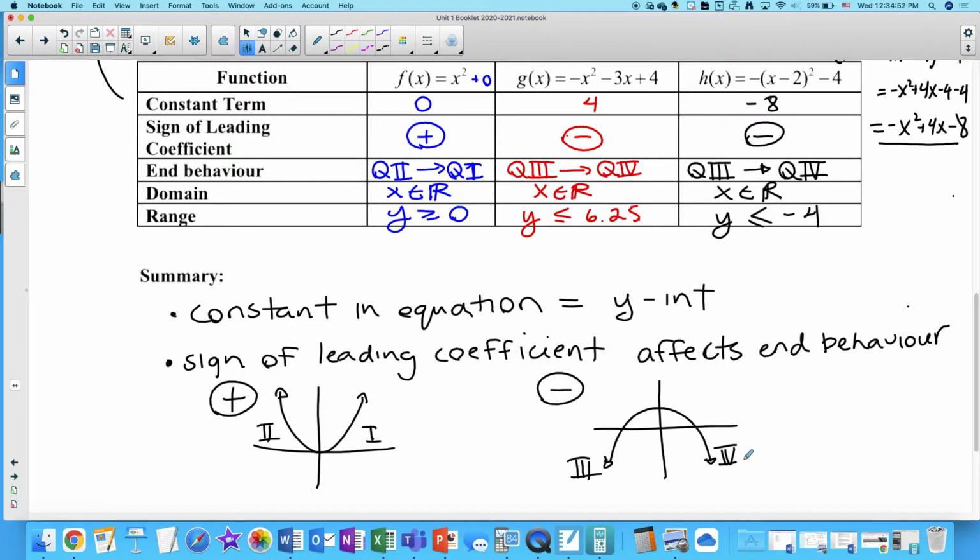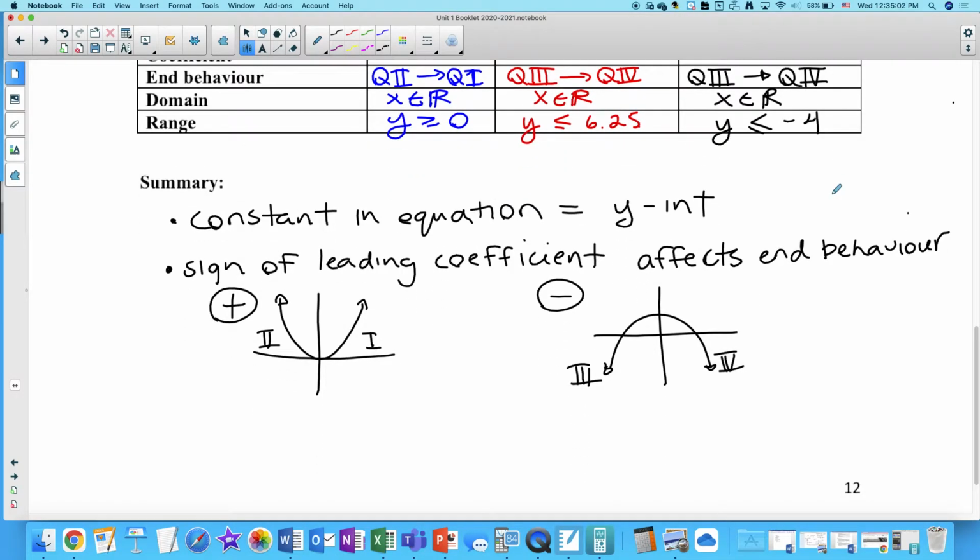The domain and range. So as you can see, x is just any real number for all three of these functions. So in general, unless there's a context where we have to restrict it, the domain is x is an element of the reals. The range is restricted because there's going to be a max or a min value. So if there's a maximum y value, the range will be less than that.